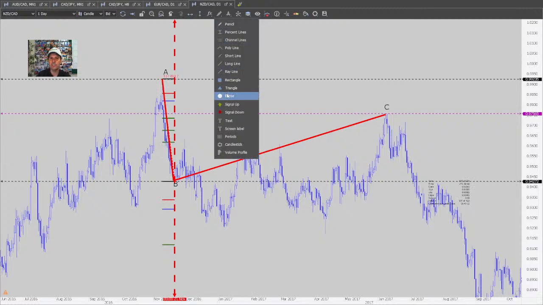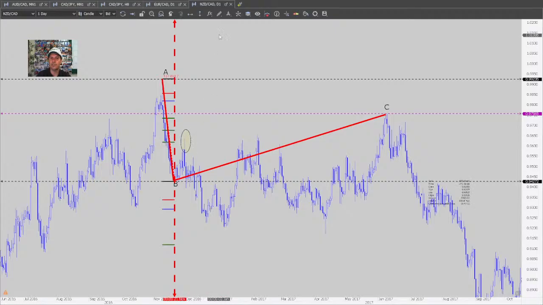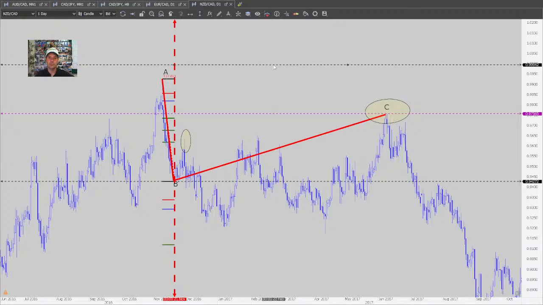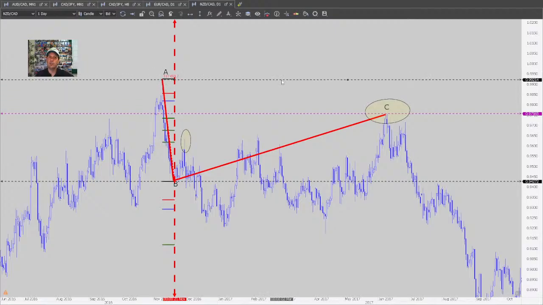Is the first circle the highest point, or is the sixth circle the highest point? That's why you are using the horizontal lines. Use the horizontal lines to help yourself.